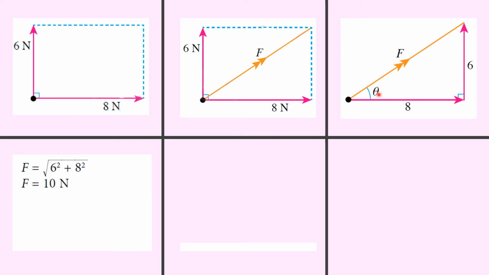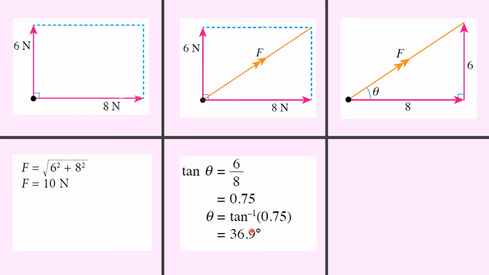Now in order to calculate the magnitude of the resultant force, you need to use your Pythagoras theorem, the formula a squared plus b squared equals c squared. Therefore, you can know the value of the resultant force. And then you use your powerful trigonometry skills to get the angle theta here, so that you know both the direction and the magnitude of your resultant force.